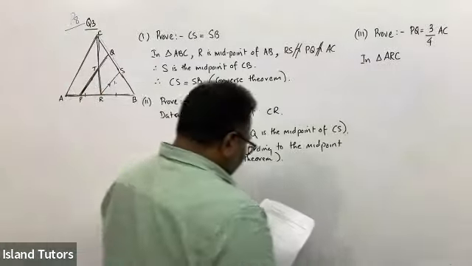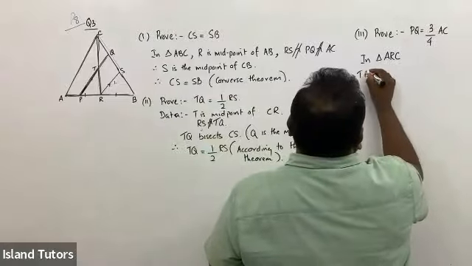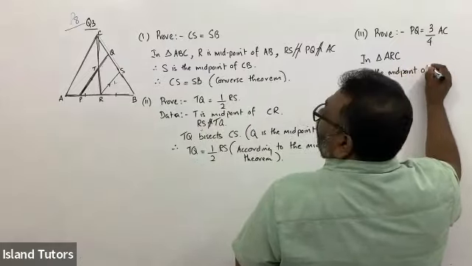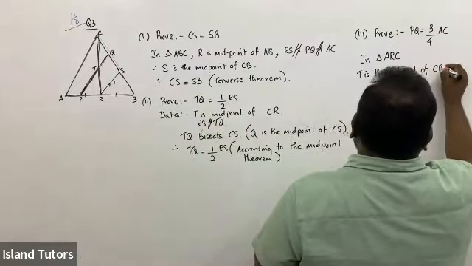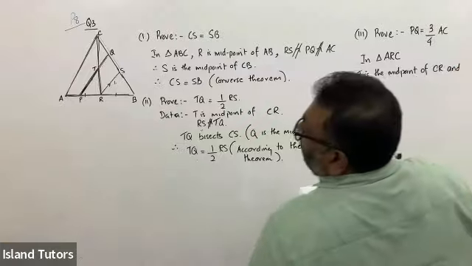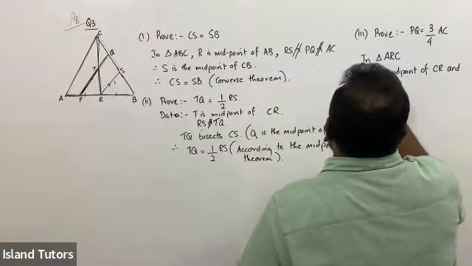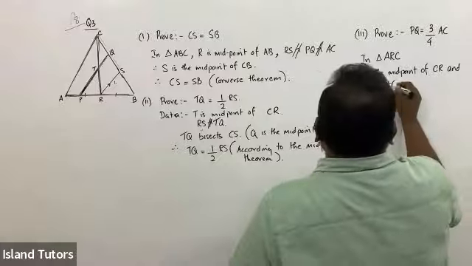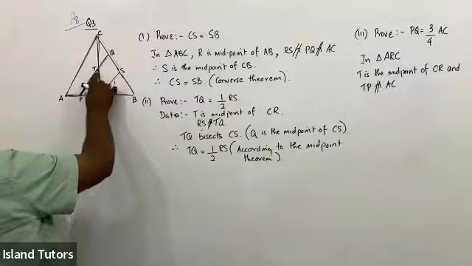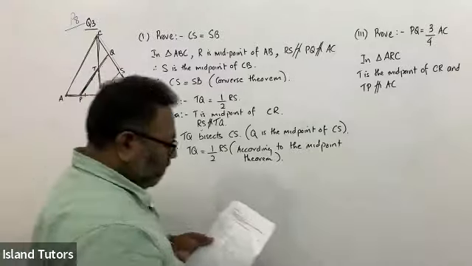Okay, in triangle ARC, we know T is the midpoint of CR and TP is parallel to AC.